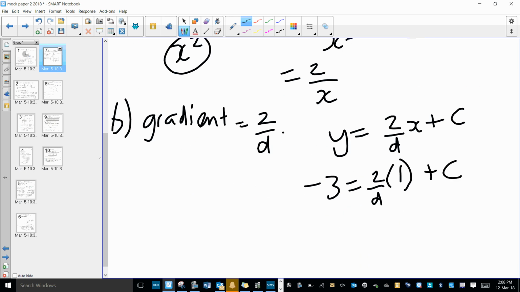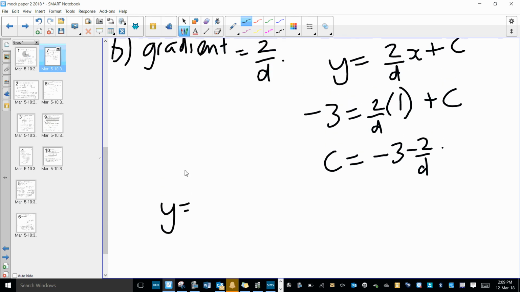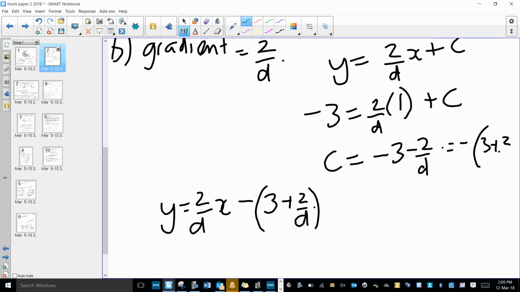So we've got c equals -3 minus 2 over d, which isn't very nice. But, so we're going to go back up to here, and we've got y equals 2 over d x minus 3 plus 2 over d. Okay, so are you happy with that? That's -3 plus 2 over d. Okay.